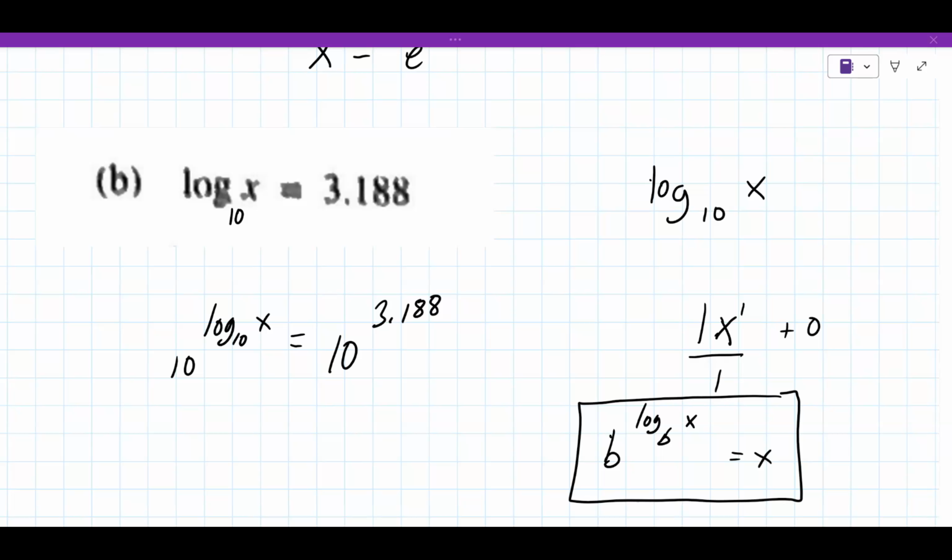Undefined. It just says 3.188, just the part on the right. All right, let's see. Oh, okay, gotcha. So that's 1541.7. Yeah, it should be bigger than 1,000. 10 to the third is 1,000.